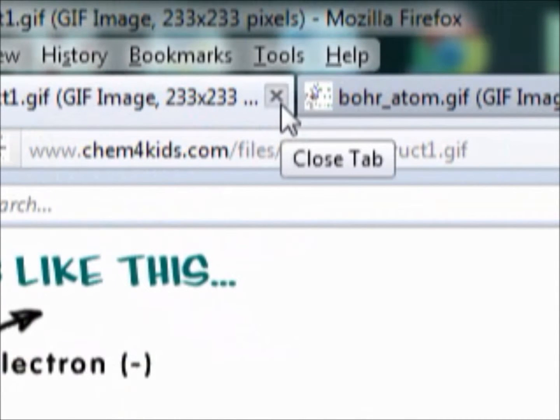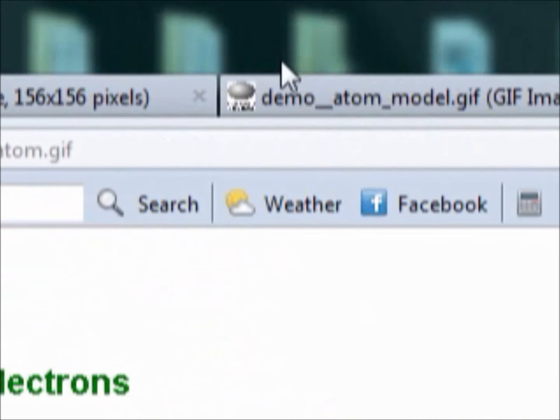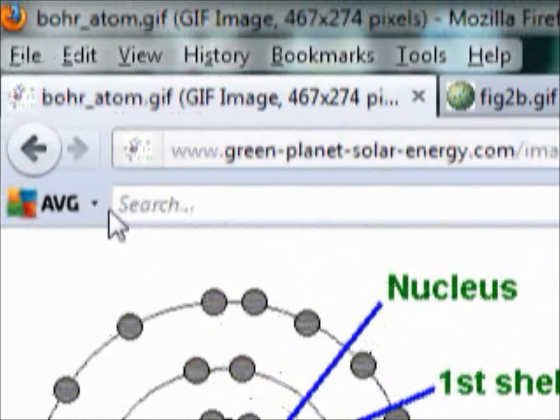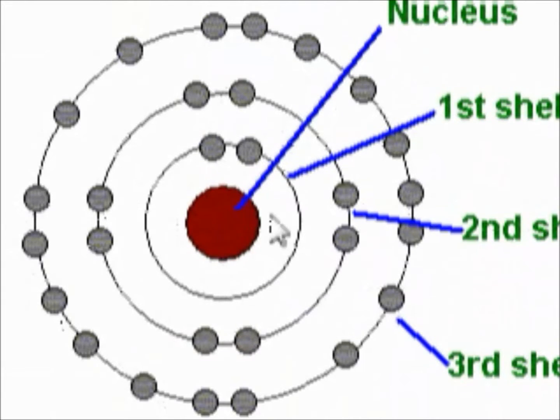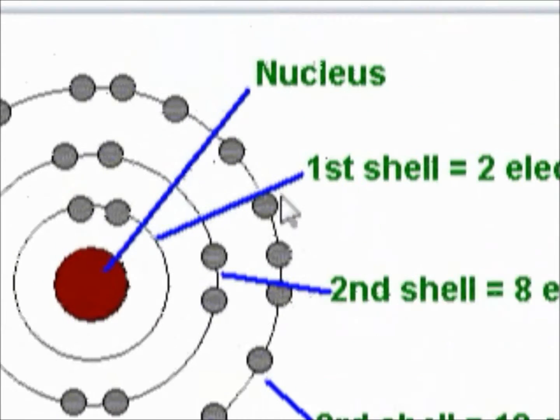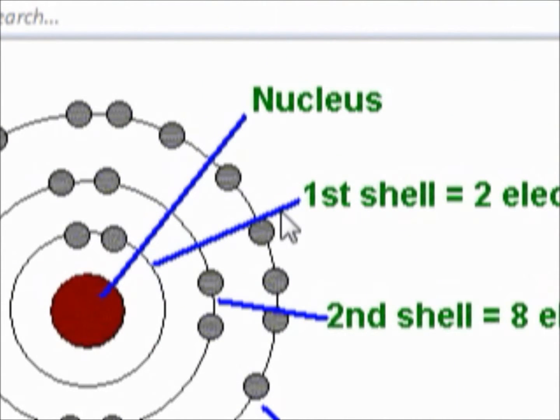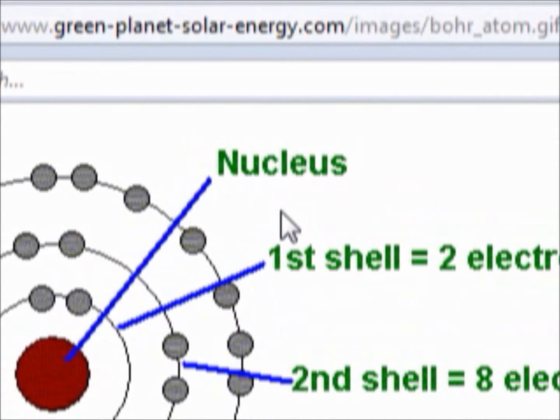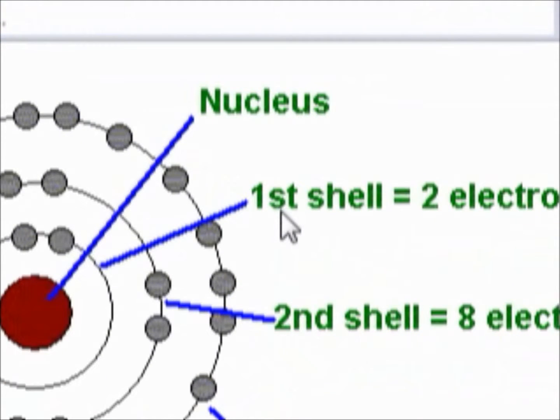So done with that, and so here I believe it's Bohr's model. So Bohr's model is one of the most accurate ones. It's not really that accurate, but it's pretty accurate.